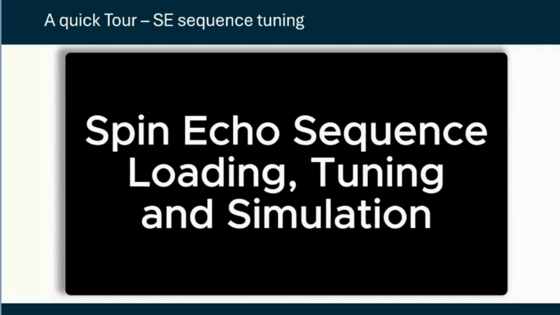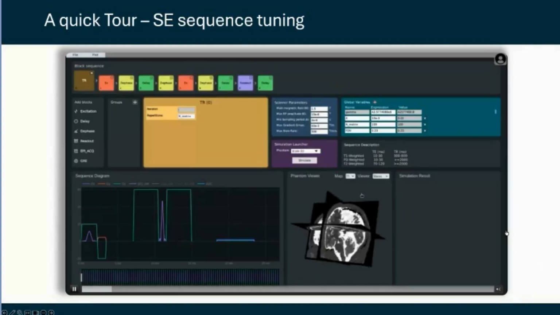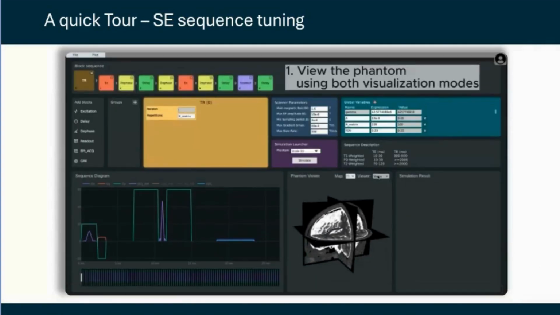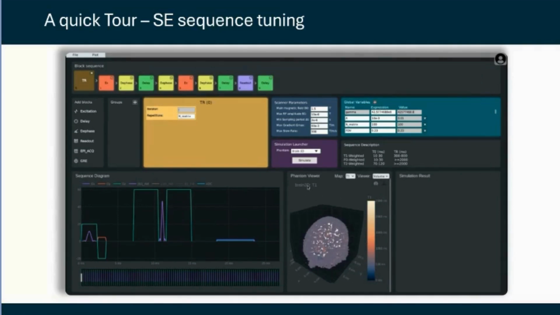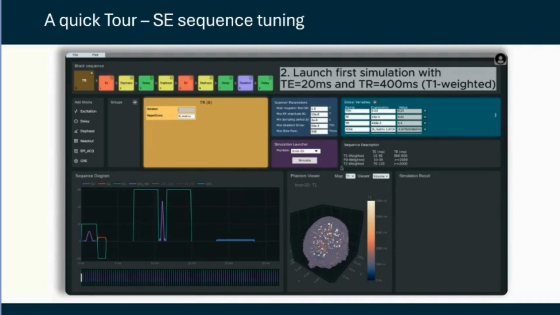As you can see, we can visualize the phantom with the 2 viewer modes. The first is a slice viewer, and the second is more of a volume rendering. Then you can see how in this scripting area we have defined variables such as the echo time and the repetition time.